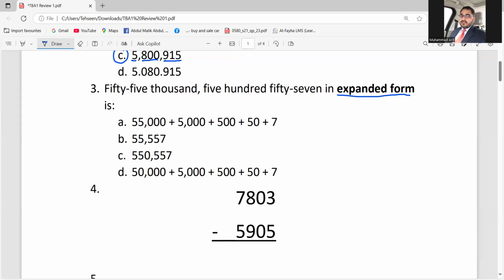As here, this number is 55,557. Now here ones is 7. You can see in D this 7 ones, then this 5 tens, next 5 is 100, then this next 5 is 1,000, and this next 5 is 10,000. Okay, this D is the correct option.